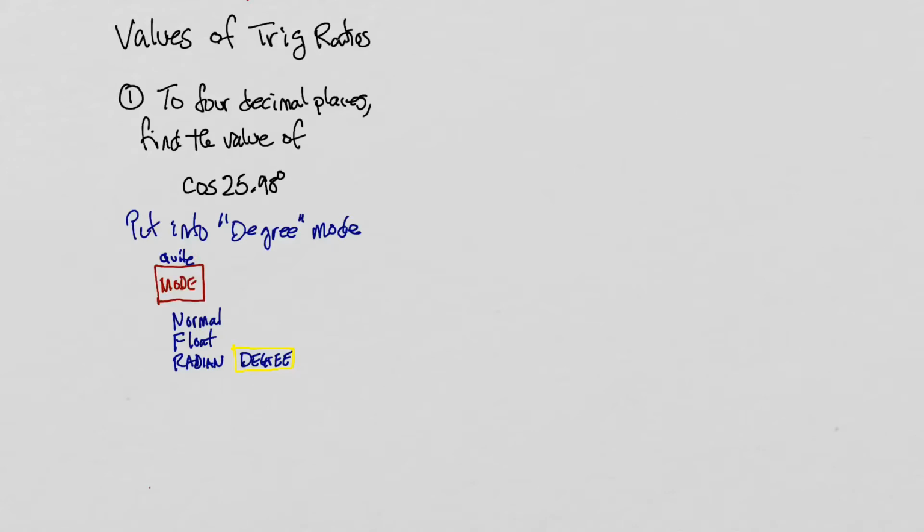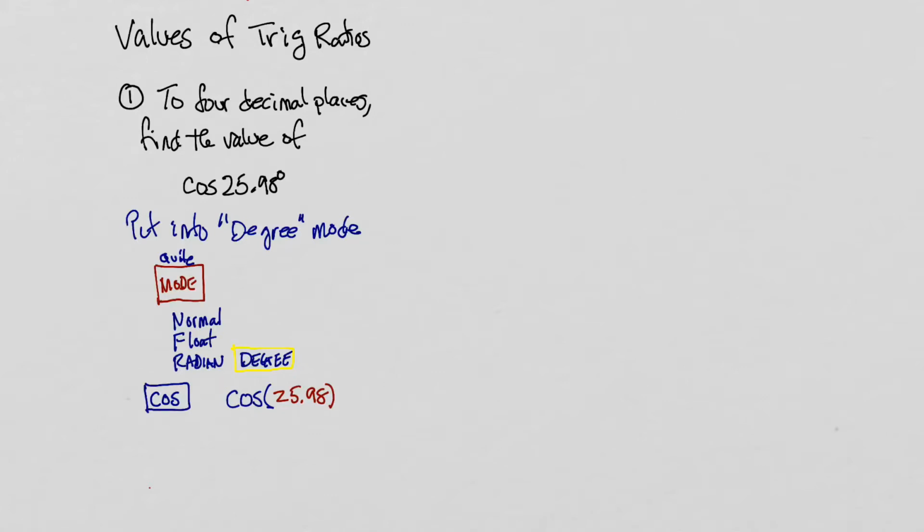So let's do it. Press the key that's got COS on it, kind of in the middle, just slightly above the middle. When you do that, you get COS and a parenthesis. In the parentheses, type 25.98, and then close the parentheses, which is right above the 9.